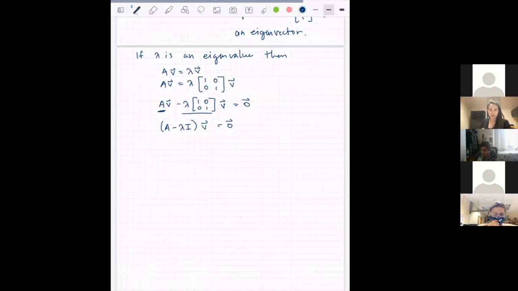Okay, so what this means is that if V is an eigenvector, then it satisfies this equation, right? And this is just some matrix, right?